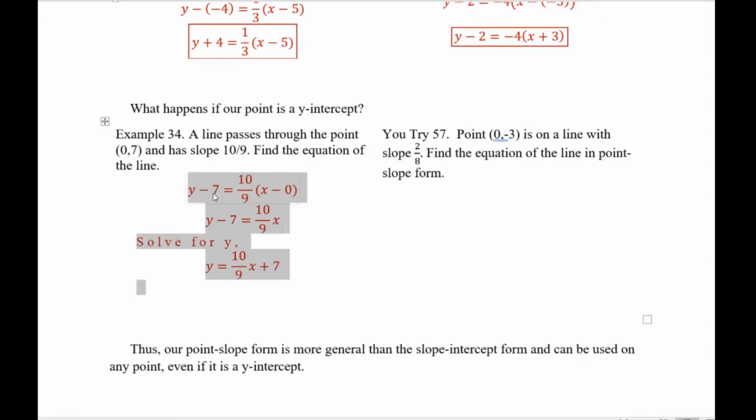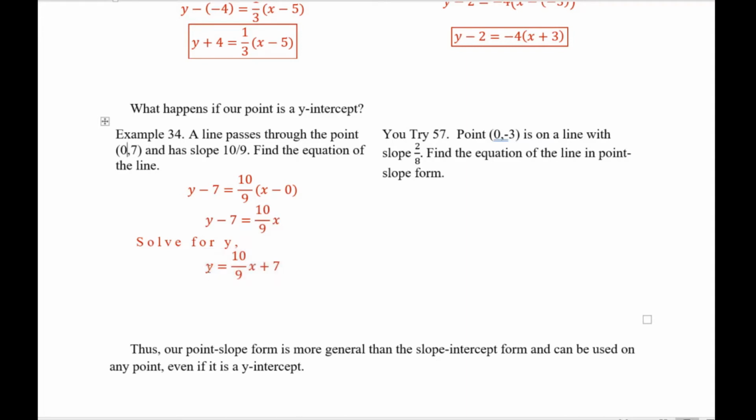We replace a here with the number 0, b with 7, and m with 10/9. I can simplify. Here x minus 0 is just x, and then I can also solve for y by adding 7 to both sides. And what I get is y equals 10/9 times x plus 7.